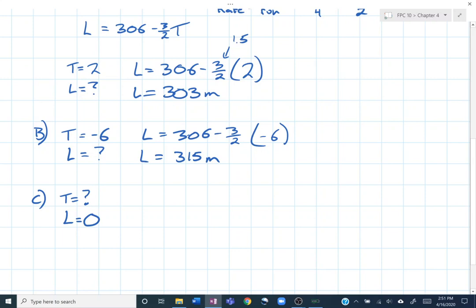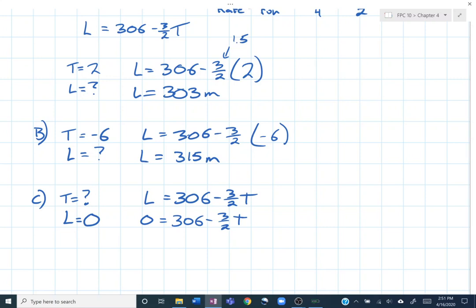So our L is going to be 0. And maybe I'll just write this whole equation out first because it's pretty high up my screen right now, and I keep forgetting to look at it. The 306 minus 3/2 T. L is going to be 0. 306 minus 3/2 T.